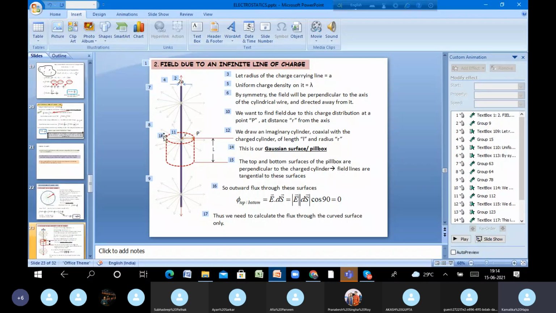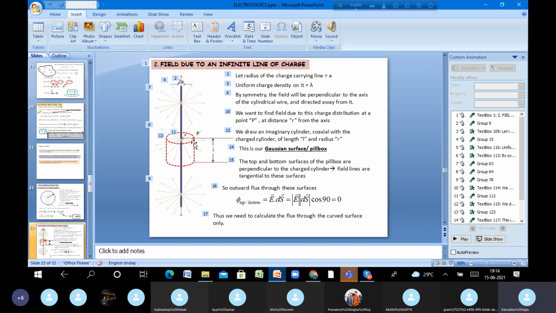On another point you will have lines of force like this, on another point like this. So all along this line charge distribution, at every point you have lines of force going out in this manner, assuming that the charges are positive. So we can say that this problem has a cylindrical symmetry.